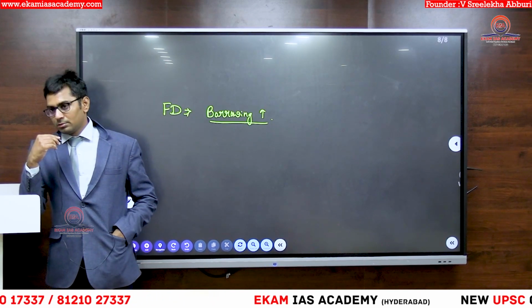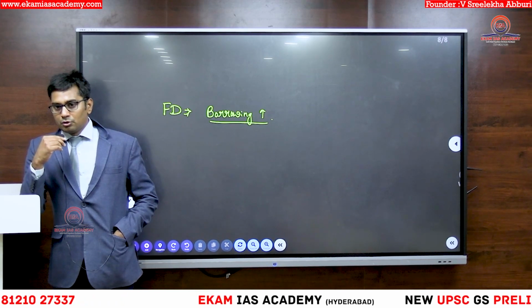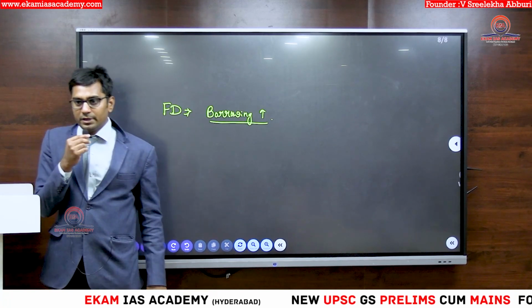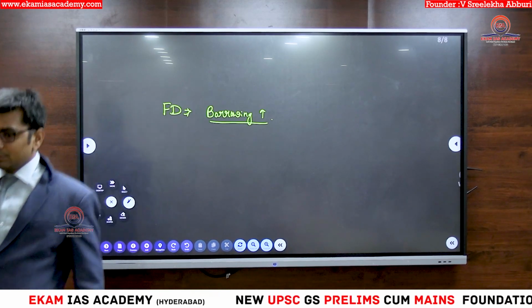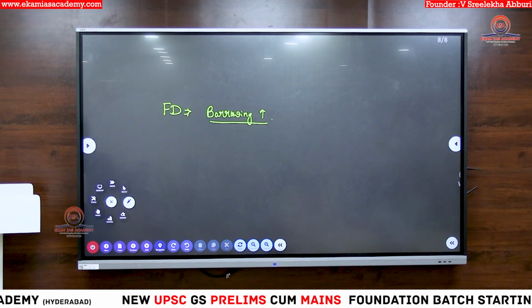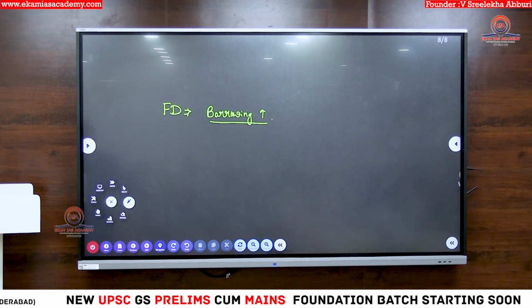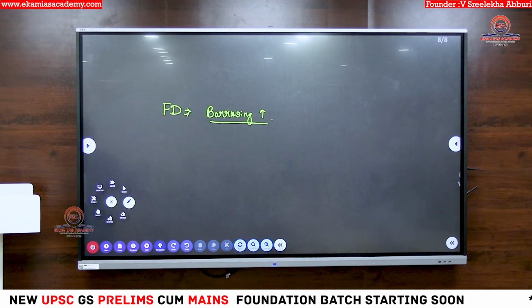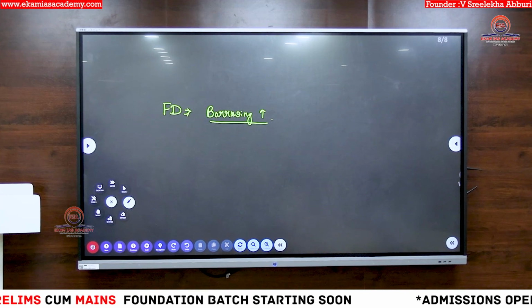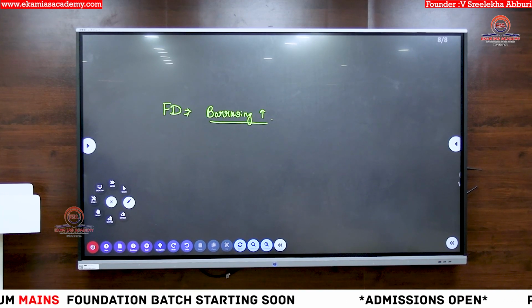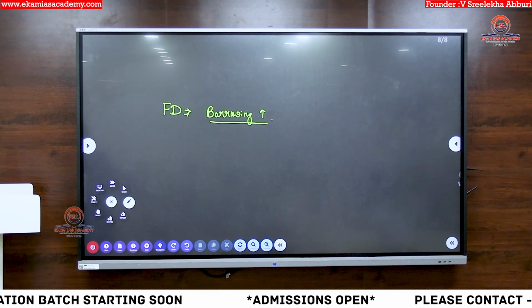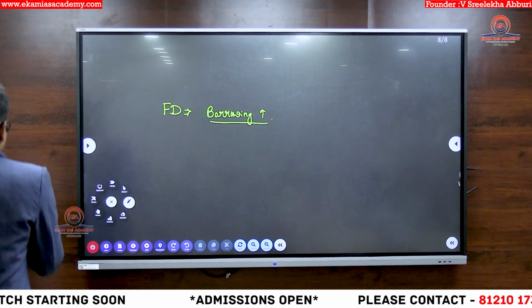Third one, debt service obligation will increase, which results in payment of more interest in future.